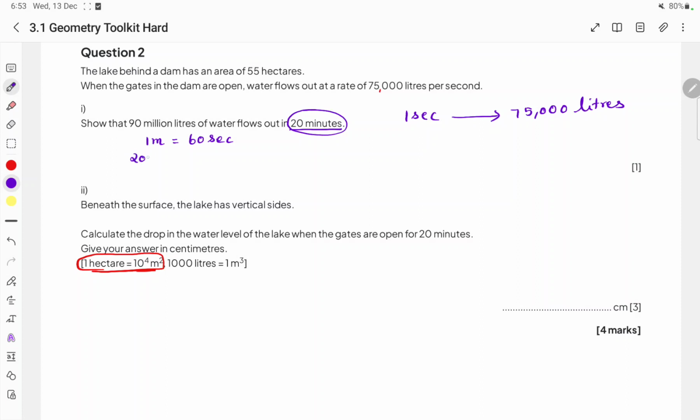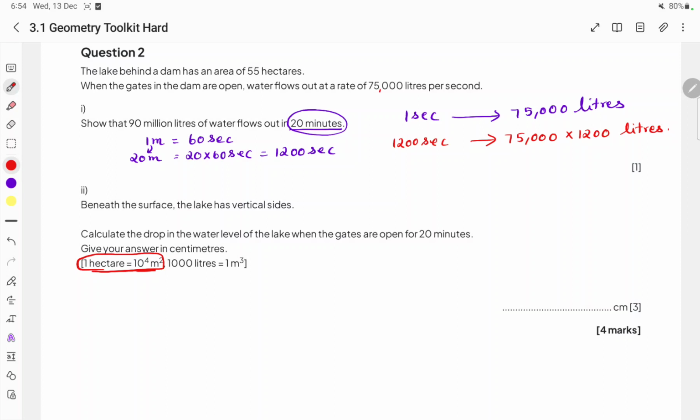I have to multiply both sides with 20. So 20 into 60 seconds, it will be 1200 seconds in 20 minutes. So in 1 second if it is 75,000 liters, in 1200 seconds it will be 75,000 into 1200 liters of water.